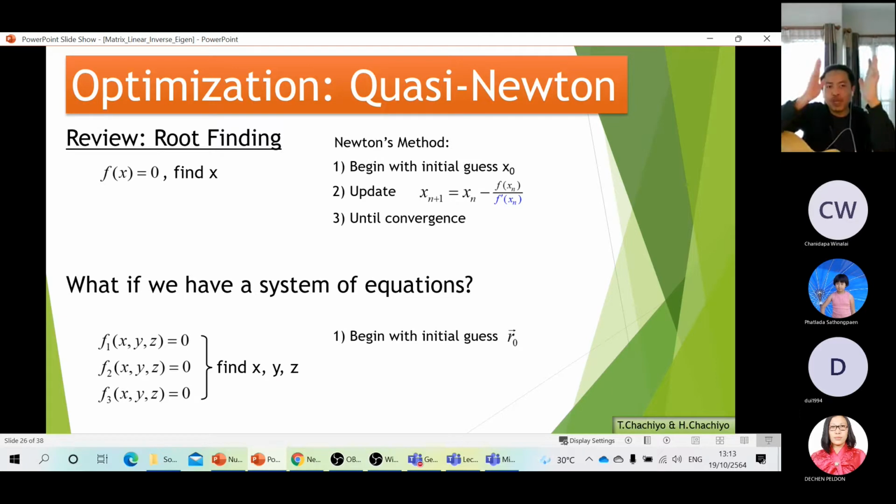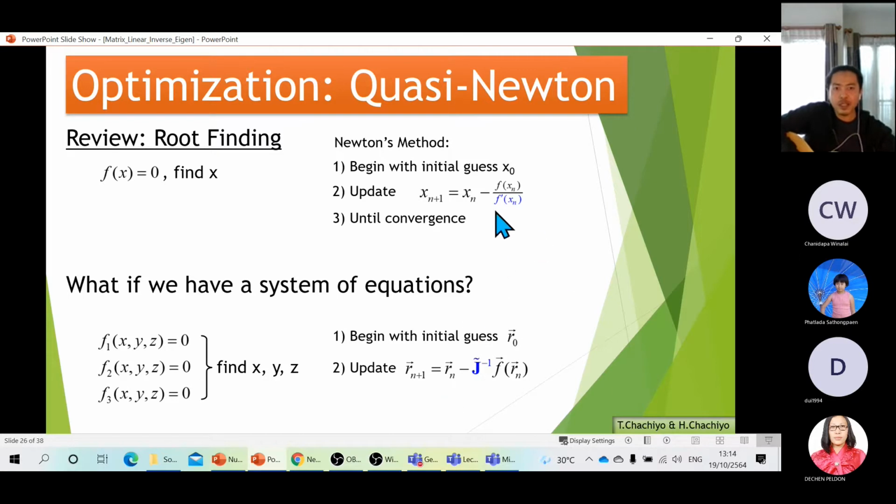So we group them into a nice vector, and we use this arrow on top to signify that it is a vector. So begin with initial guess r0. And then we're going to use the updating formula for a system of equations. Now, it is still based on Newton method, but the formula is changed just a little bit.